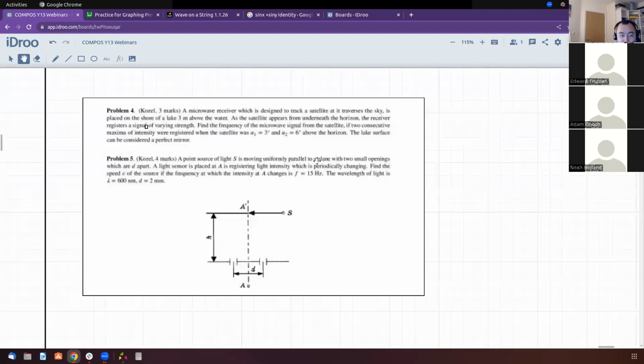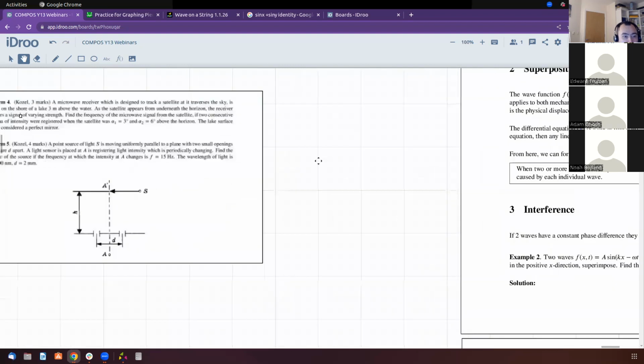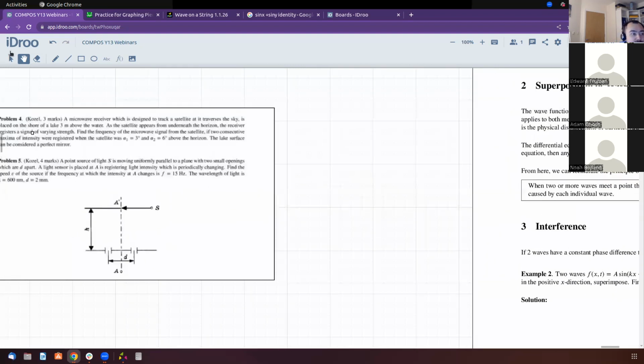So I won't solve this problem for you, but I will draw a diagram. So you have the planet Earth. This is the Earth's surface, slightly curved. And this is the satellite. The satellite moves.